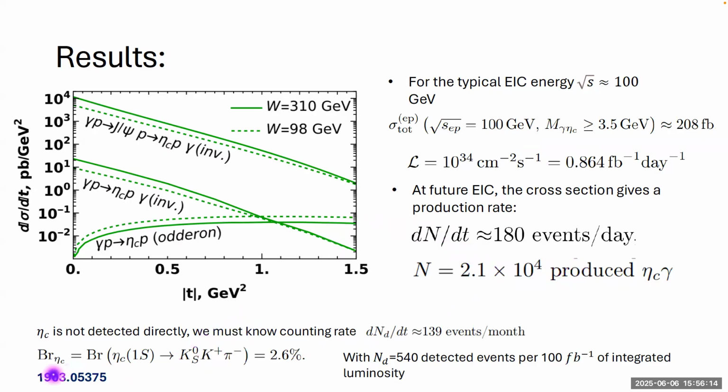So here you have the paper; you need to multiply by this number, and you get the counting rate of approximately 139 events per month, with 540 detected events and 100 femtobarns minus 1 of integrated luminosity.